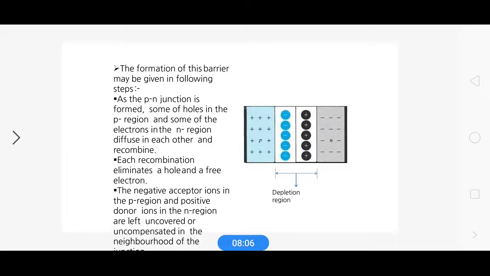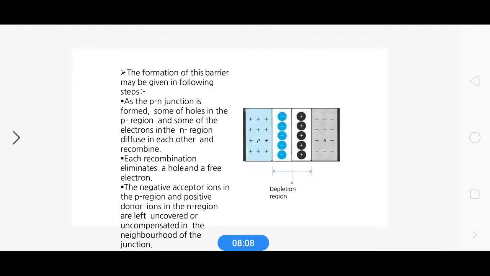The formation of the barrier is formed like this. As the p-n junction is formed, some holes in the p region and some electrons in the n region diffuse into each other and recombine.